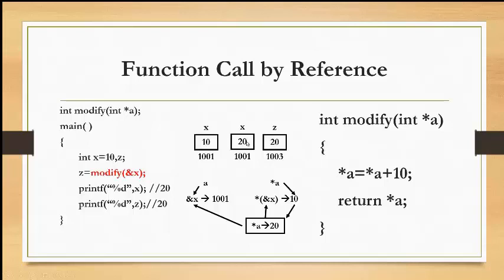So the basic difference is that when we use call by reference, we access the value through the memory location, and whatever computation we do on the actual arguments will be reflected in the actual argument location itself. That is a very important concept in call by reference.